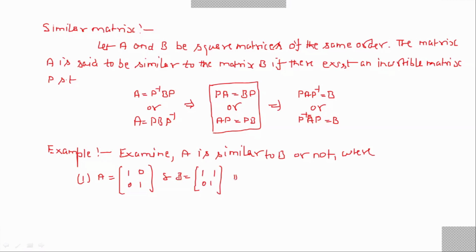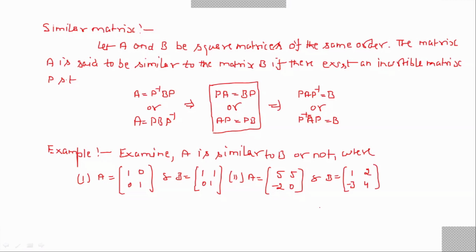In the second part of the question, the A matrix is 5 5 minus 2 0, and the B matrix is 1 2 minus 3 4.